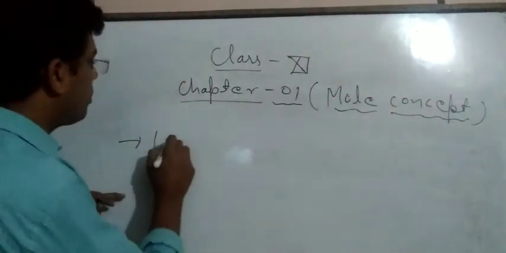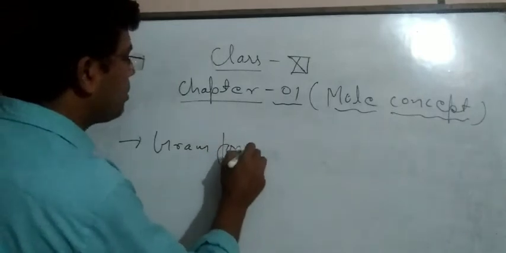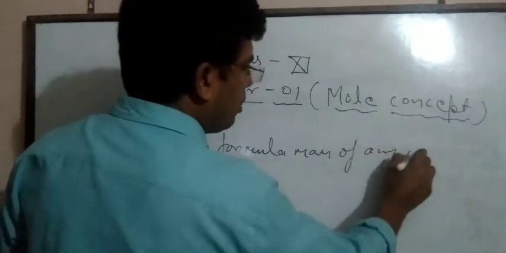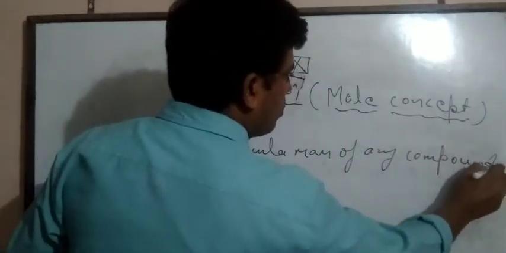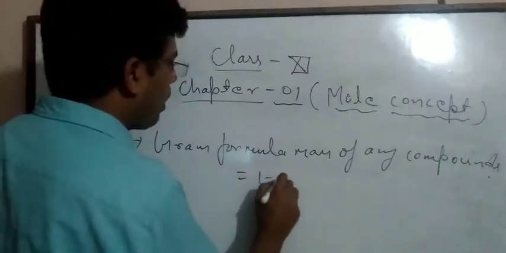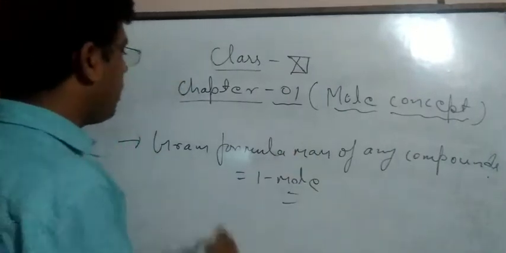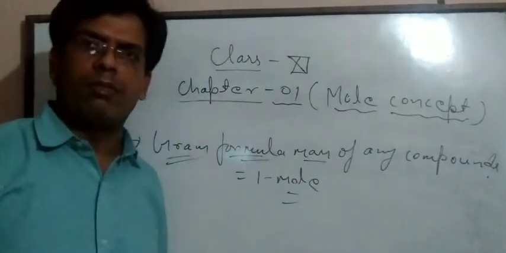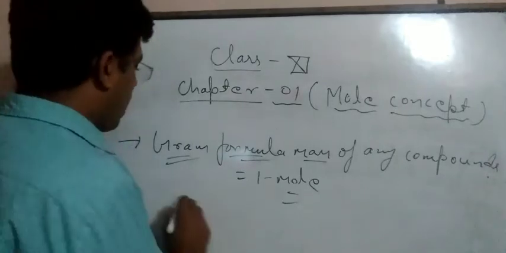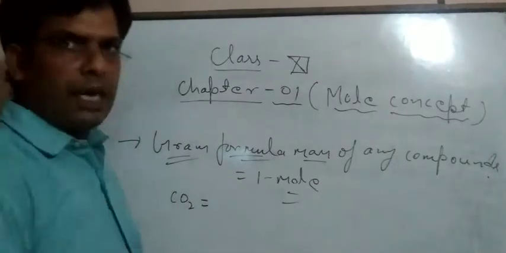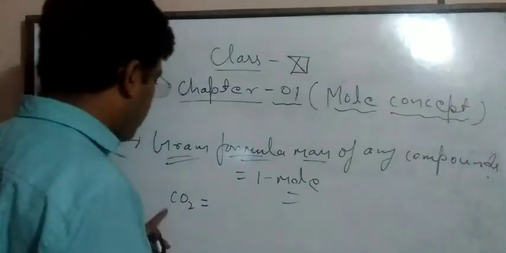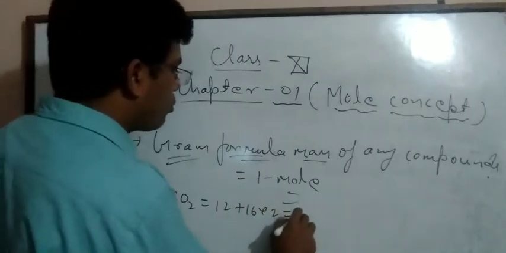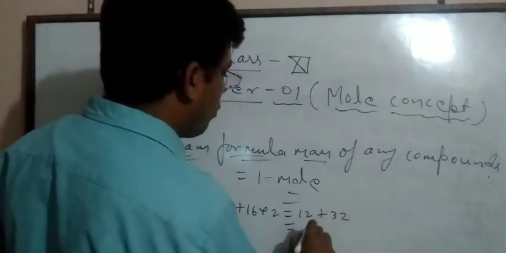Gram formula mass of any compound will be equal to 1 mole. Dear students, you should keep it in mind. For example, if carbon dioxide CO2 is taken, carbon dioxide has a gram formula mass 12 plus 16 into 2, is equal to 12 plus 32, is equal to 44 gram.